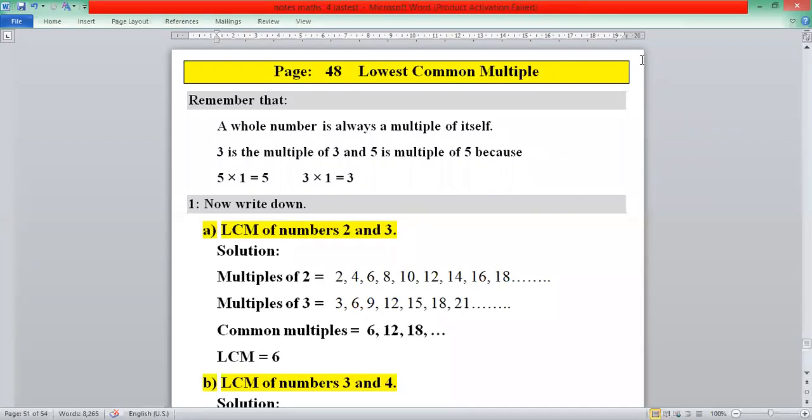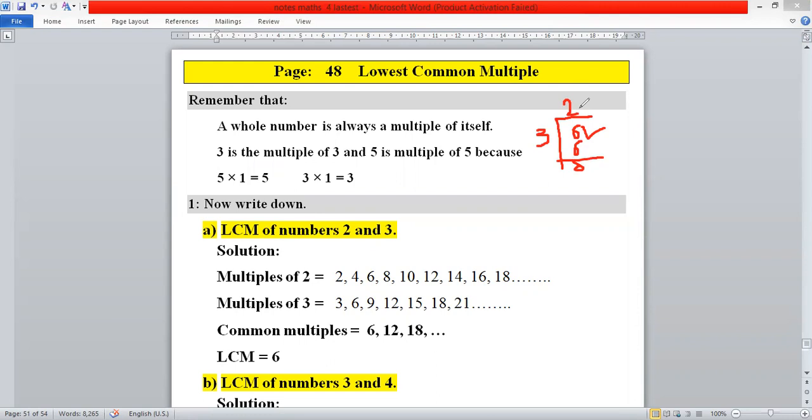For example, if we divide 6 by 3, we get zero remainder. 3 twos are 6, 6 minus 6, 0. So we can say that 6 is the multiple of 3.